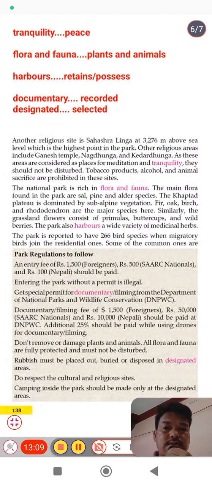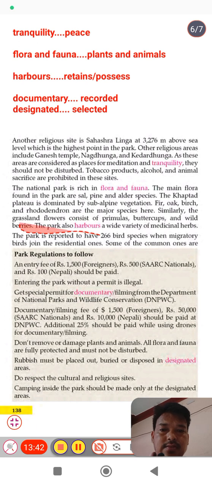Similarly, the grassland flora consists of primulas, buttercups and wild berries. So grassland is also there, with species of wild berries and buttercups. While visiting the park, we can explore these species of plants.